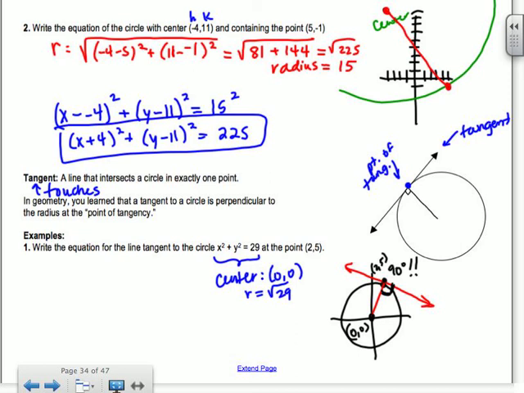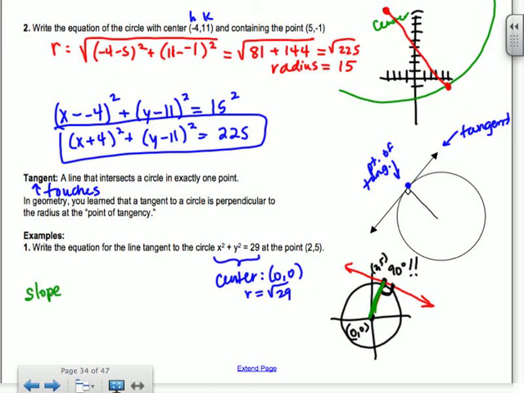Okay, I need to somehow figure out the equation of that line, the red line. I know a point that it goes through, (2, 5), but I need to find its slope. If I have the point and a slope, then I can find the equation of the line. But I don't have the slope. I know I have a 90-degree angle. What can I do? Not quite Pythagorean Theorem. Okay, how about this line here, the green line?